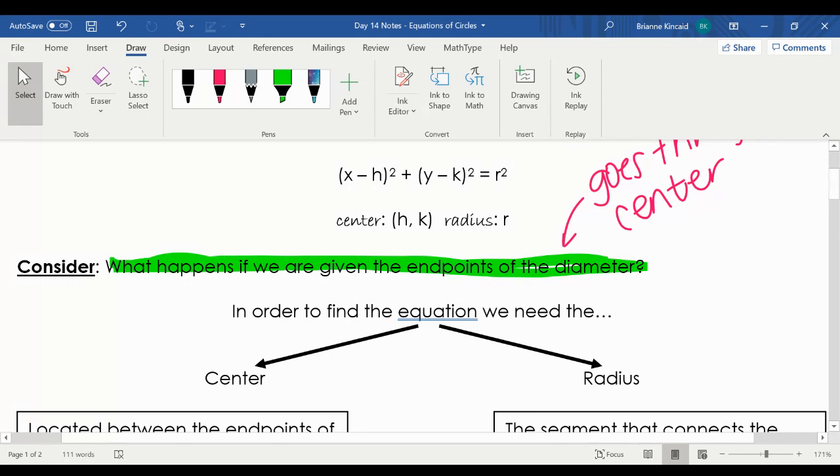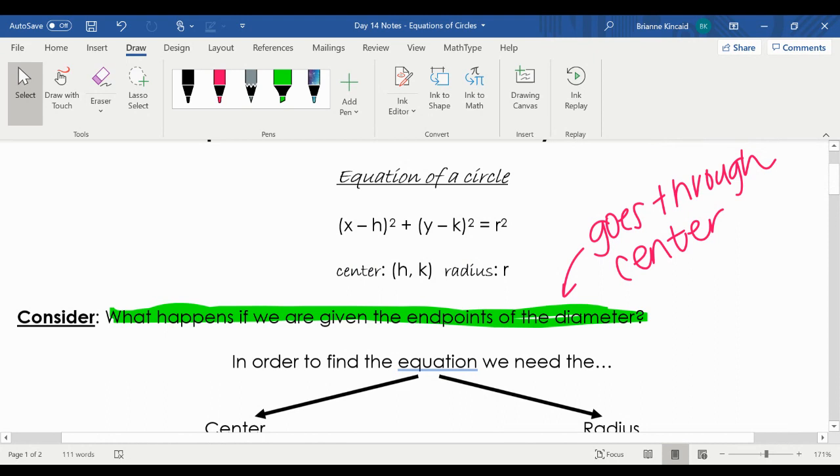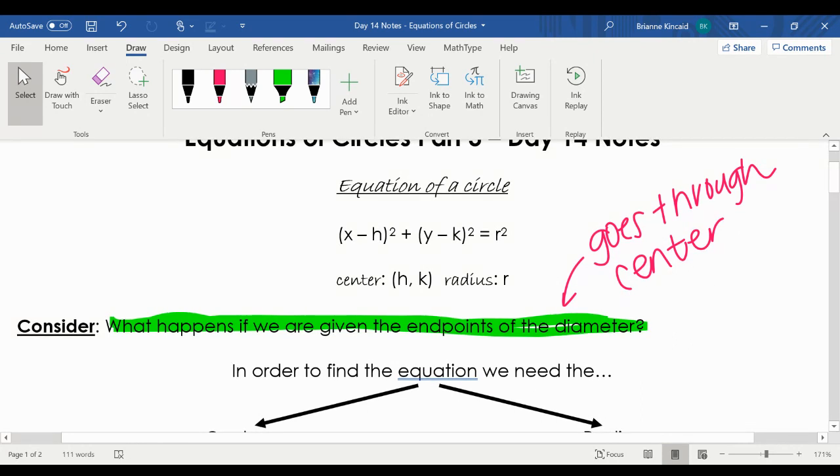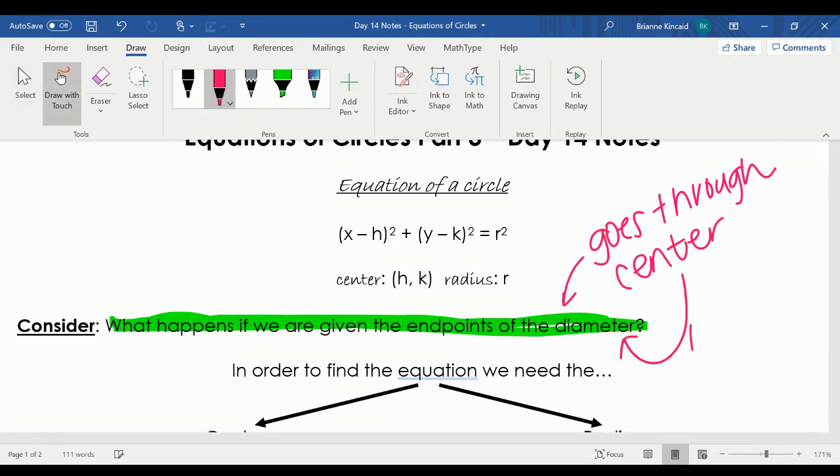So in order to find the equation of a circle, we need to find the center first of all. If the diameter goes through the center, then the center is going to be directly in the middle of the diameter, or the center is going to be the midpoint of the diameter.